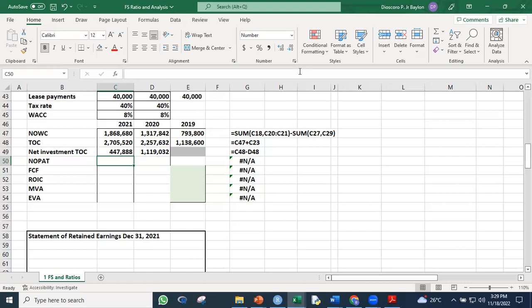NOPAT, net operating profit after tax. We have a formula for that.